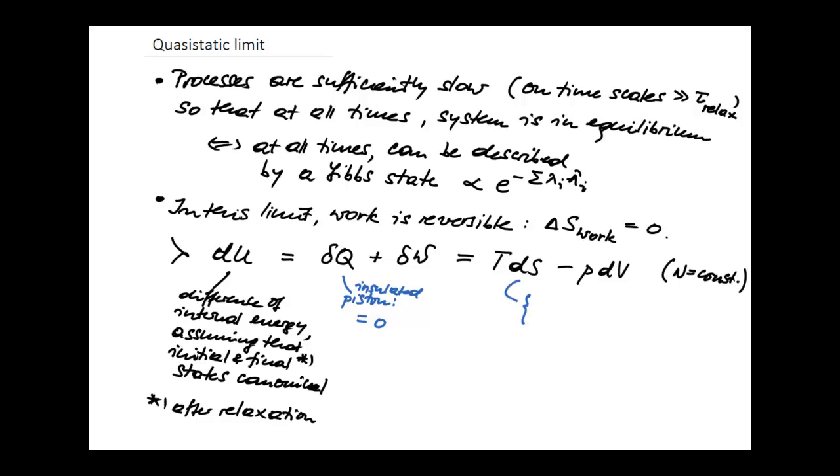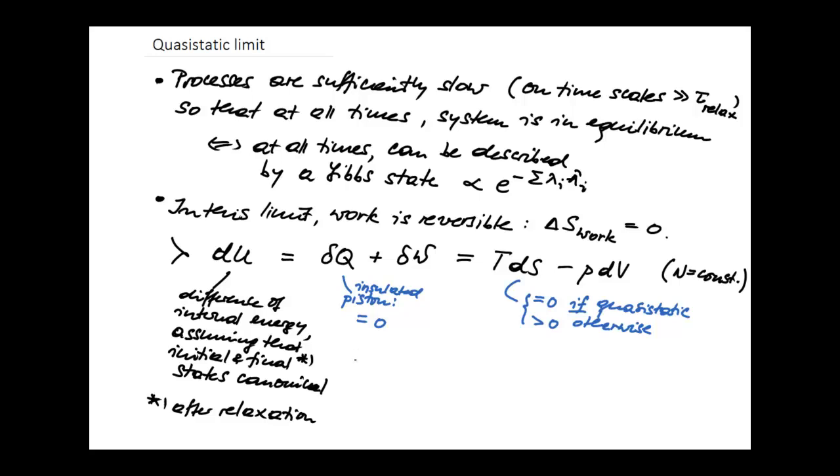The change of entropy, dS, we learned that this was equal to 0 if the process was quasi-static. So if we performed the work in a reversible manner, if we performed the work slowly, the process was quasi-static, and then there was no change of entropy. There's no increase of entropy. So this is 0 if the process is quasi-static. But the change of entropy is larger than 0 otherwise.